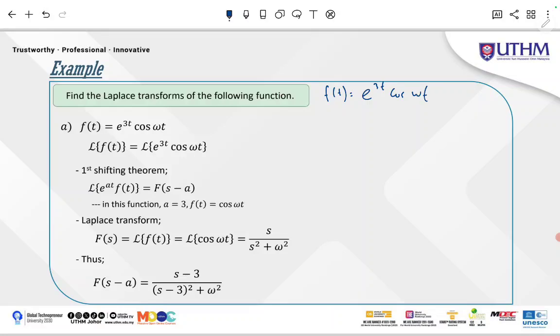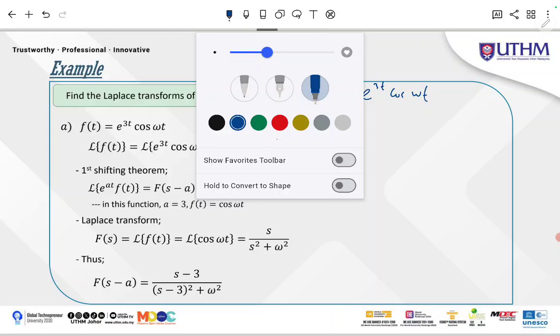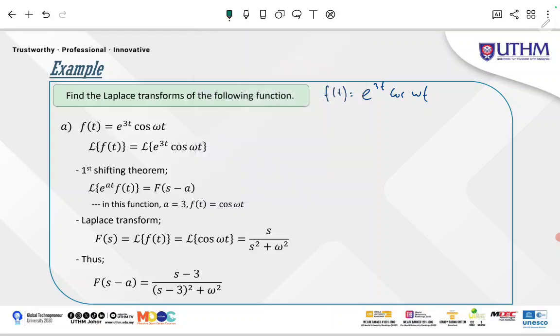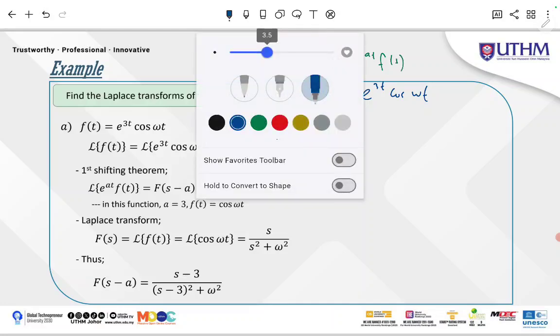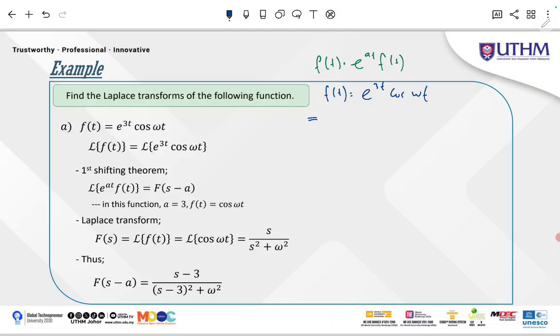Let me compare with the definition of the first shifting, e to the power of at f(t). From this comparison, we have a equal to 3, and f(t) equal to cos omega t.